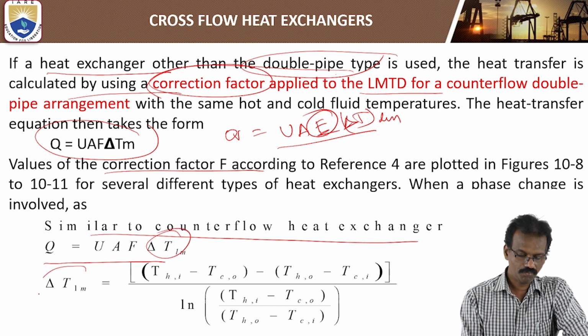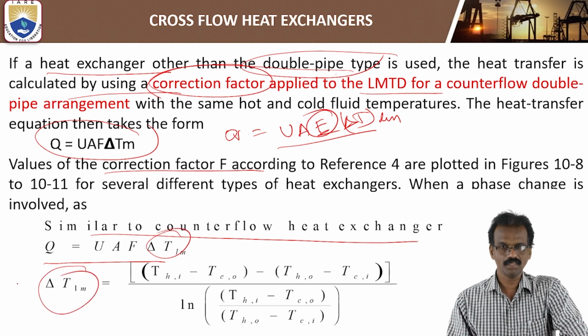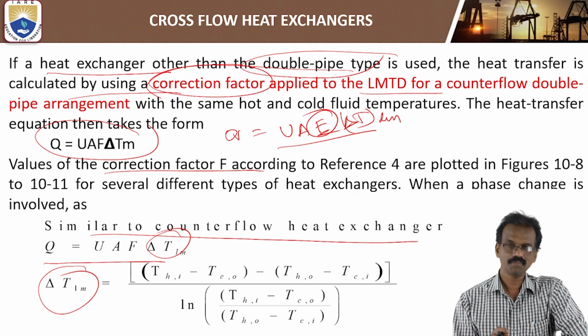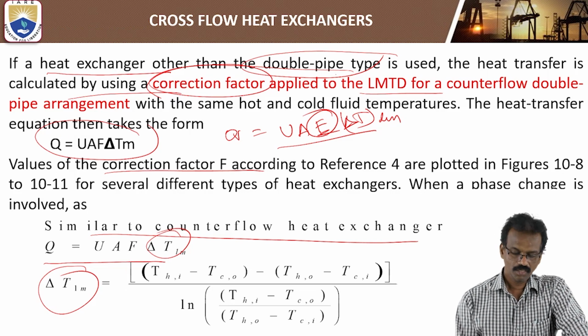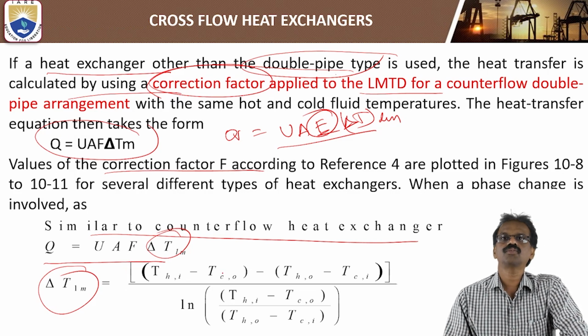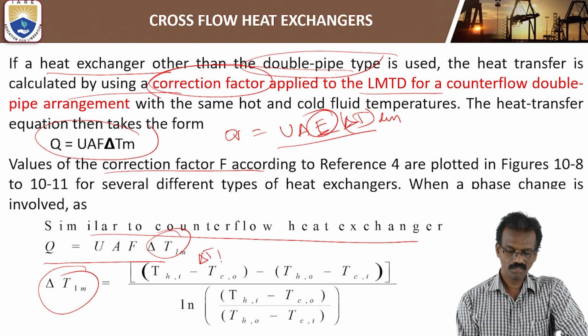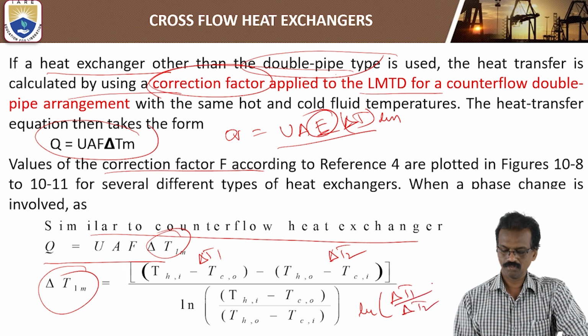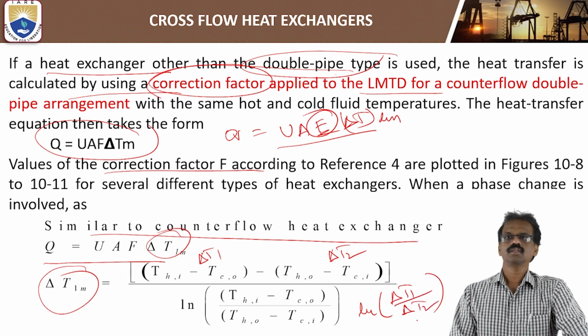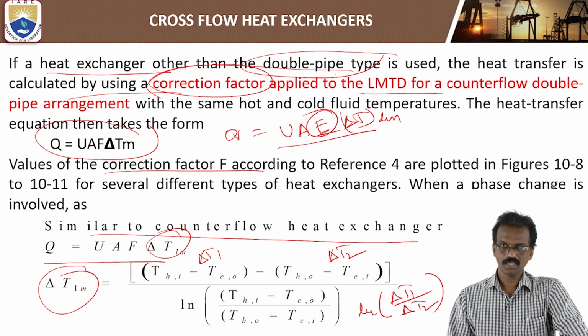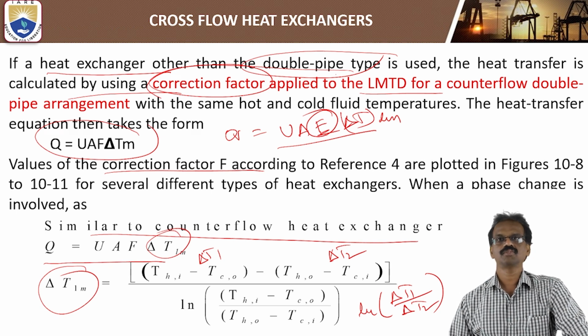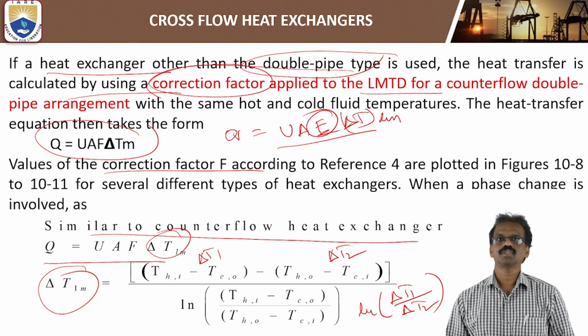The delta TLM formula is equal to the delta TLM formula in the counter flow heat exchanger: hot fluid inlet minus cold fluid outlet is delta T1, and hot fluid outlet minus cold fluid inlet is delta T2, so delta TLM equals (delta T1 minus delta T2) over ln(delta T1 by delta T2). Same formulas. You know about delta T1 and delta T2 because we have already discussed these things.